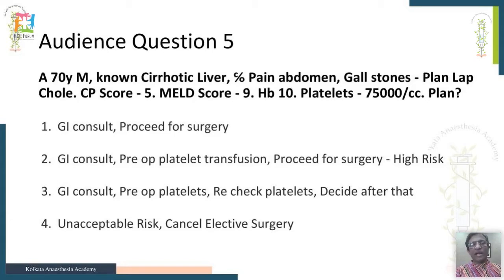Child score 5, MELD score 9, hemoglobin 10. Just proceed for surgery after a hepatic consult? Gastro consult, pre-op platelets, proceed for surgery with a high-risk consent? Gastro consult, pre-op platelets, recheck the platelet counts and then decide? Unacceptable risk, cancel elective surgery. And we'll close the poll in 5, 4, 3, 2, 1, and 0.